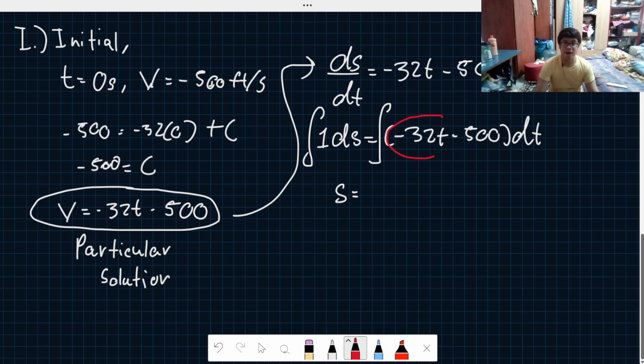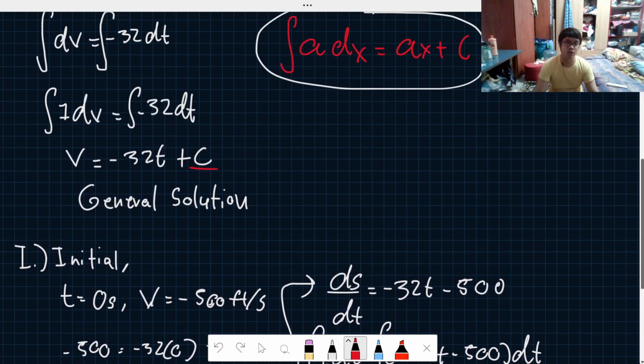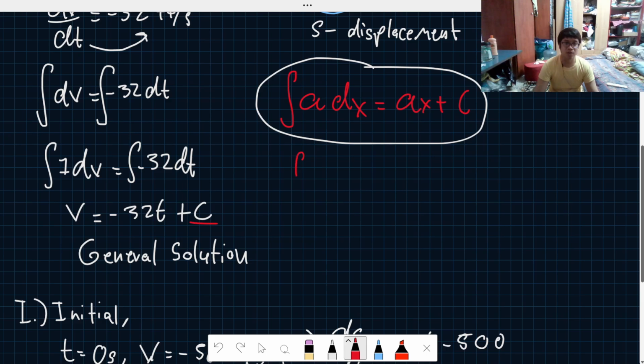If you see a variable here, you're going to apply the power rule of integration. If you have a variable with an exponent given, where the exponent should not be equal to -1, the answer for that is x raised to n plus 1 all over n plus 1 plus c.